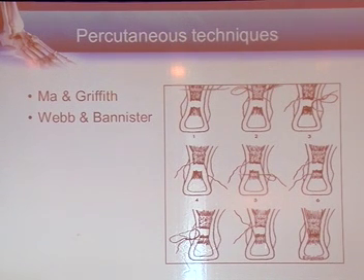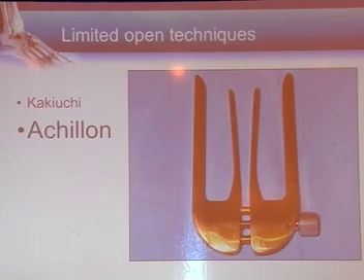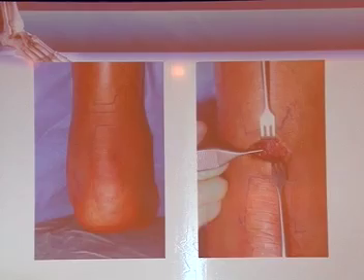Percutaneous repairs, of which there are many, but Ma and Griffith are probably the most famous, with a series of sutures passed through the Achilles tendon and out as a weave, again have moved on to more modern techniques like this, which is a jig which has some holes across it, and that jig gets passed through a very small transverse incision up either side of the Achilles, and the sutures are passed through the jig on the proximal end and on the distal end through a 3 centimetre transverse incision, which we think has a lower risk of having wound problems.